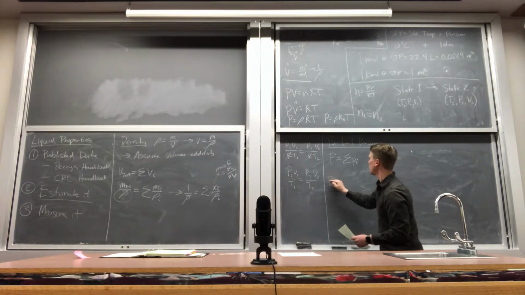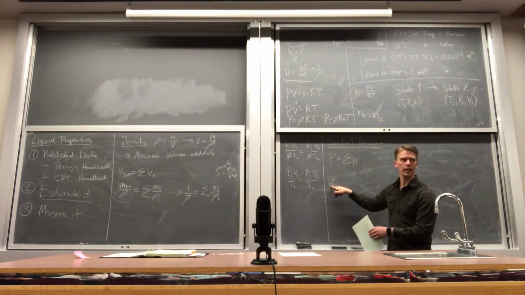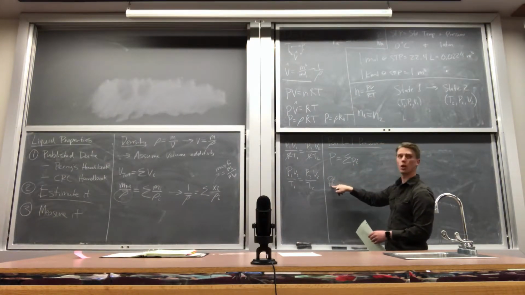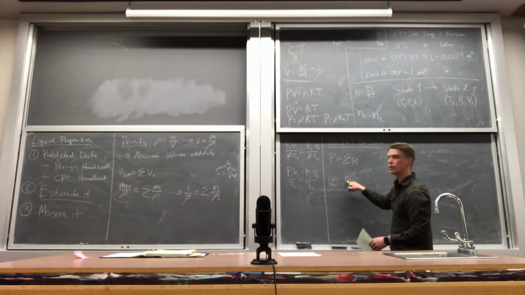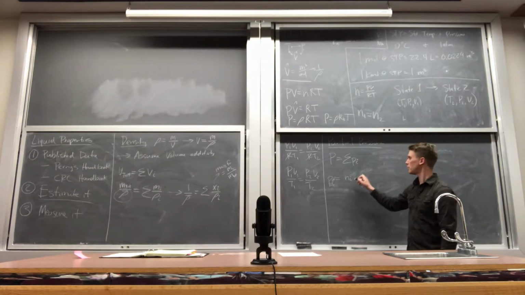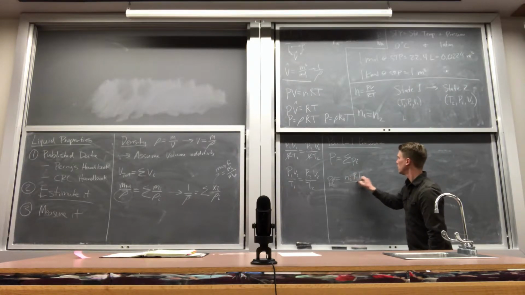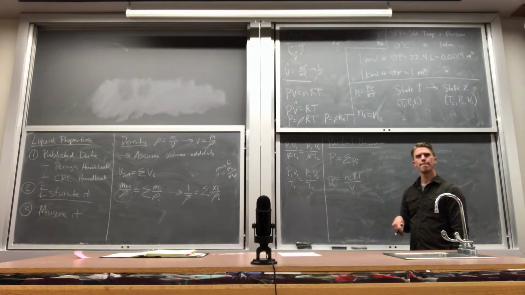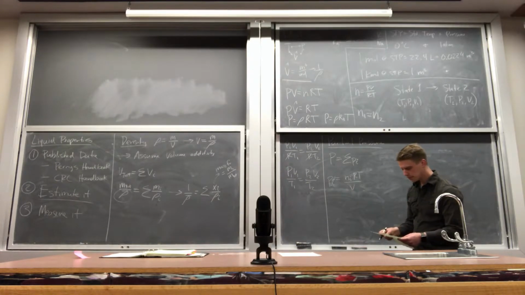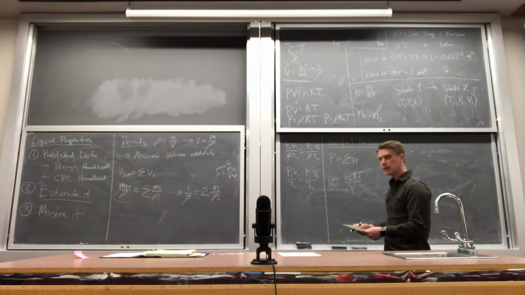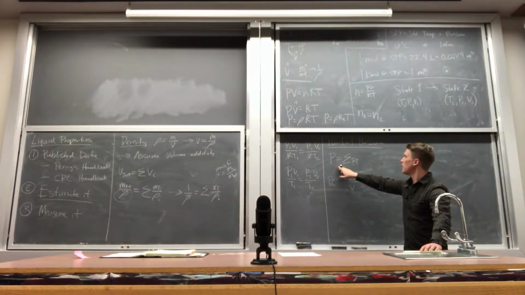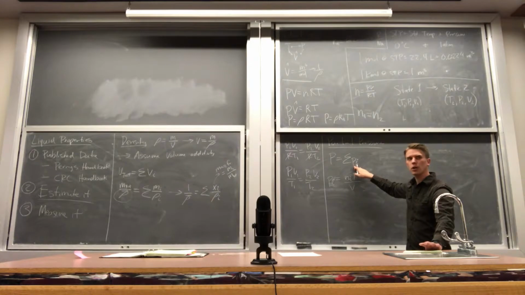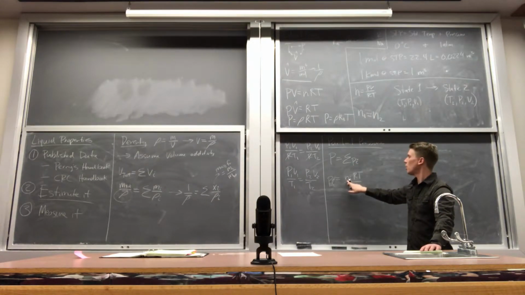We can define the partial pressure, a lowercase p, as equal to N of i, not the total number of moles, but just the moles of species i, times RT over V. So the total pressure is the summation of all of the individual contributions to the pressure from all of the different types of molecules in a mixture.